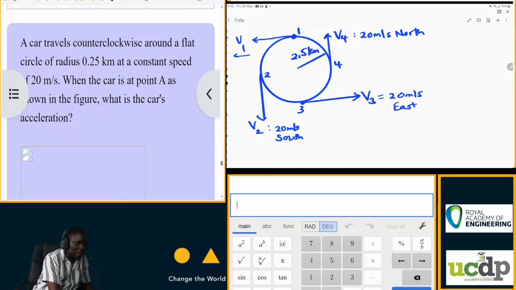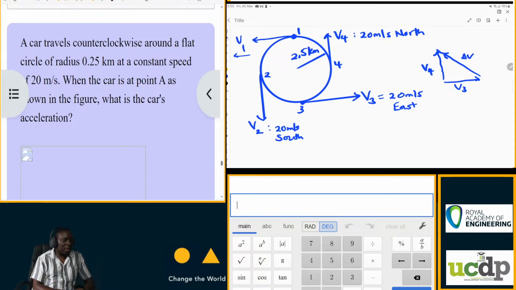So it causes the velocity to change from east to a resultant, which is north. So this is the delta V, this is V3, this is V4. The change, if you look at it, is in that direction.